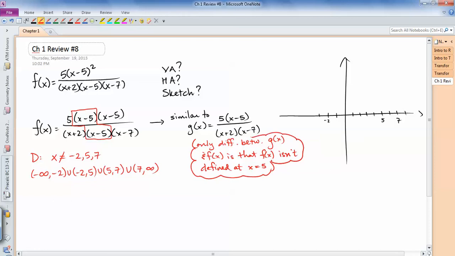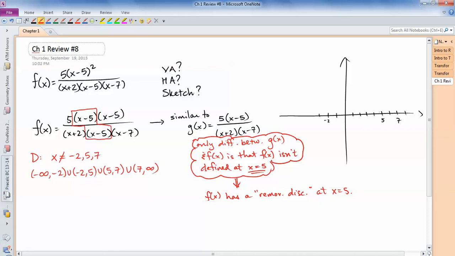So if we knew what g of x looked like, it would be exactly the same as f of x, except I'd erase the one point on the graph of g when x is 5. Since the only difference is that x can't be 5 in f of x, that means f of x is going to have a hole, or a removable discontinuity, at x equals 5. So along x equals 5 here, wherever the y value is, it's going to have a hole.